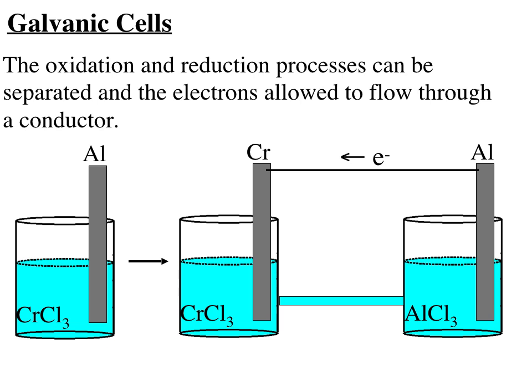So what I'm showing in these cartoons below is, instead of putting a strip of aluminum down into an electrolyte of chromium chloride and having a spontaneous reaction where naturally I have a flow of electrons from the aluminum to the chromium plus 3, let me separate the two so that I have a chunk of chromium in a solution of chromium plus 3, separated from a chunk of aluminum in a solution of aluminum plus 3.